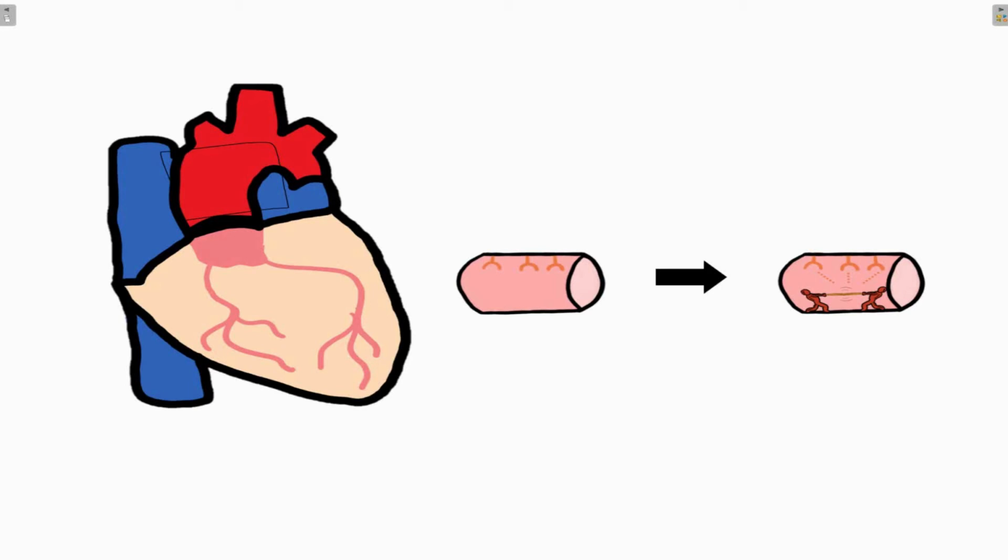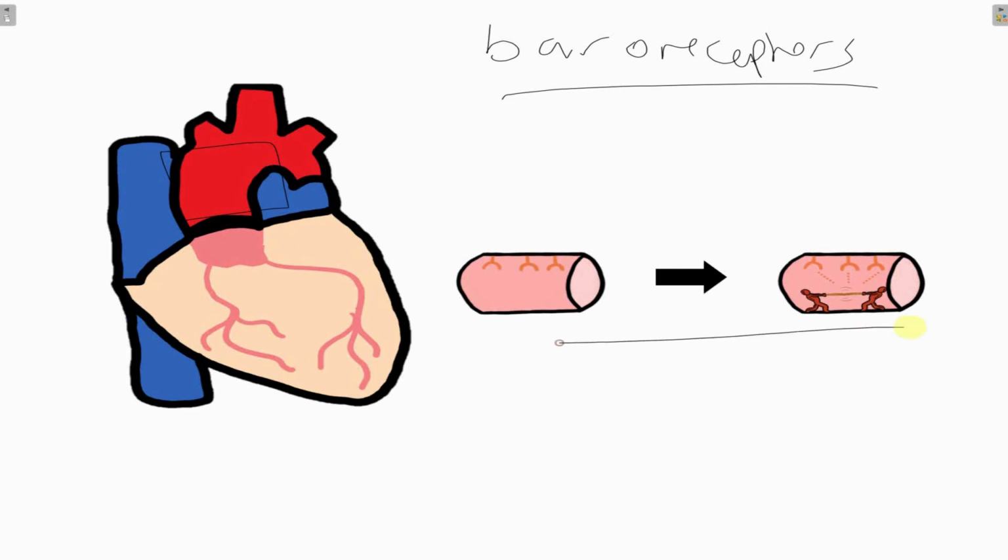That's the greatest abundance, and there are some found in the carotid artery, but mainly in the aortic arch, and these are called baroreceptors. Now these baroreceptors are mechanoreceptors, and they sense changes in blood pressure in the vessel. So as you can see, you've got these receptors, and they sense any pressure.